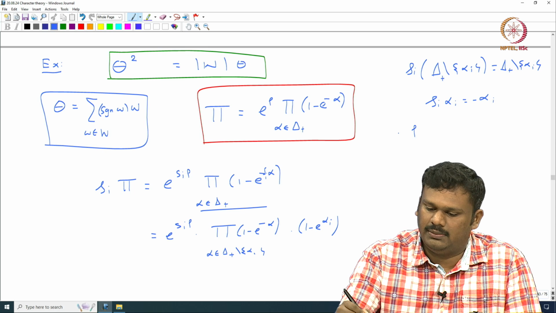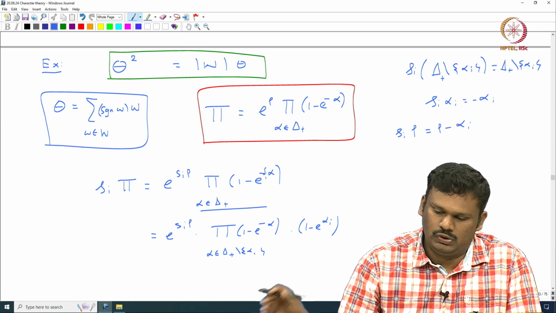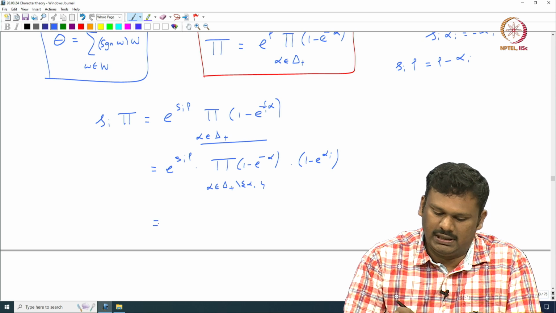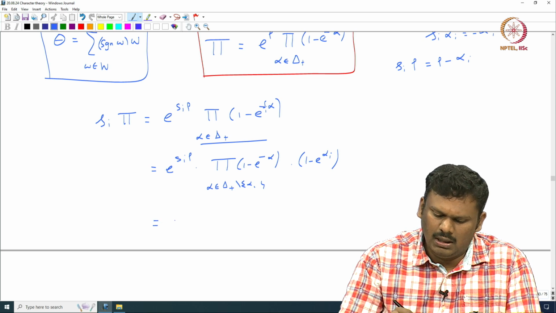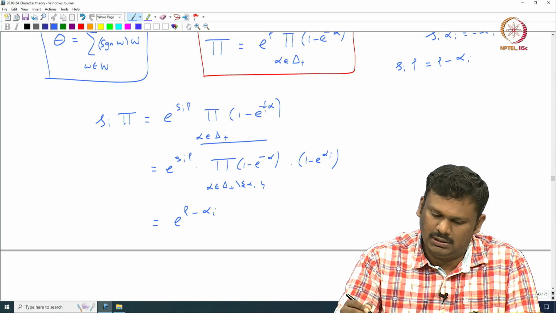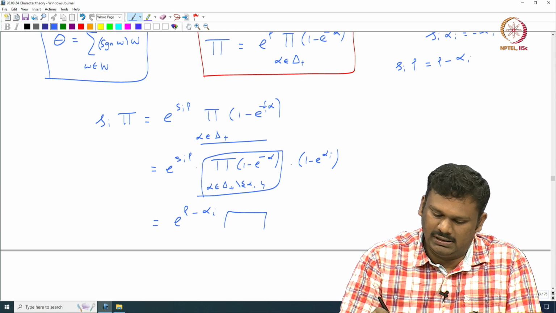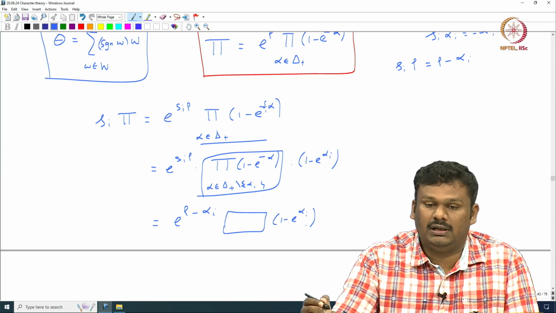But rho is nothing but what? Si of rho is rho minus alpha i. So, if you substitute here, then you get exactly e power rho minus alpha i. Then this product comes as it is, and then 1 minus e power alpha i will come.